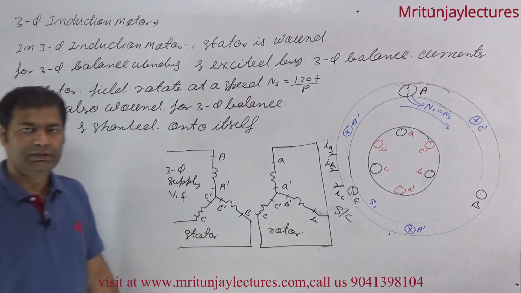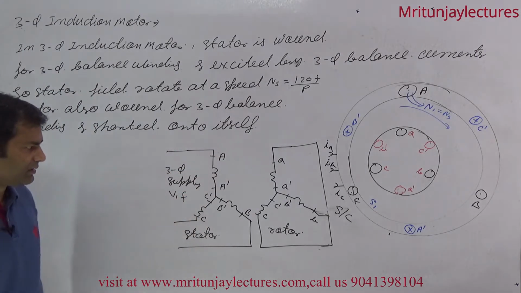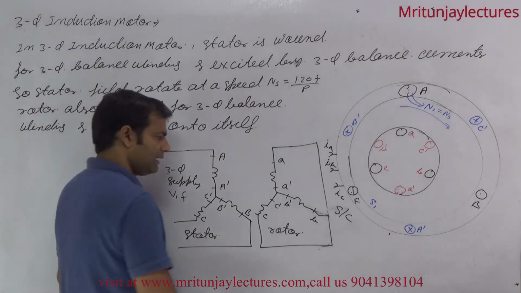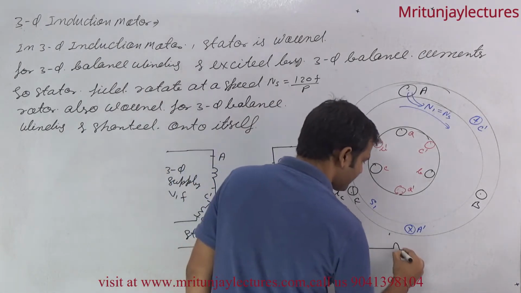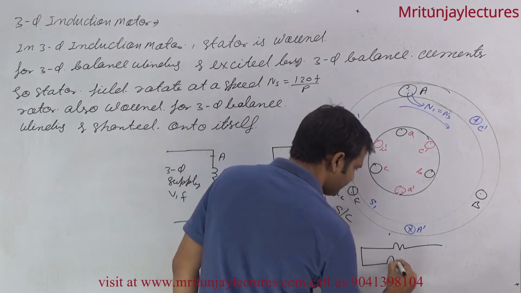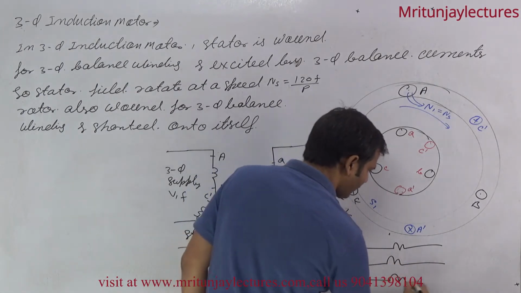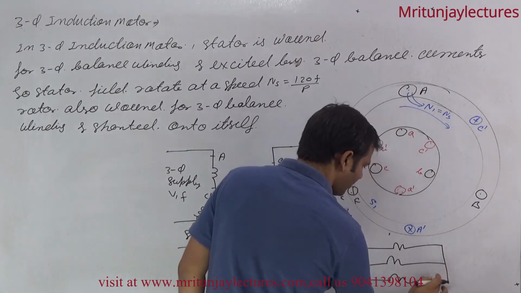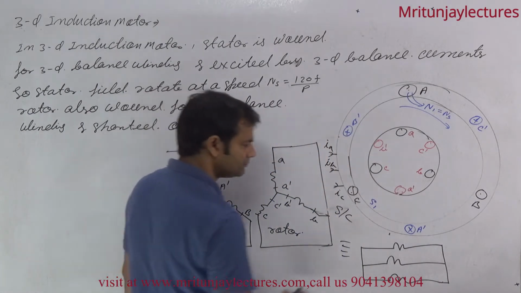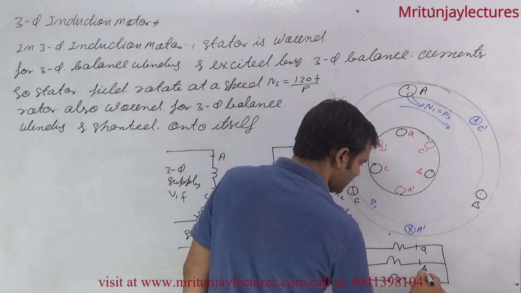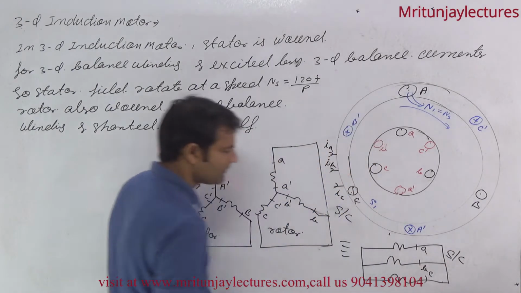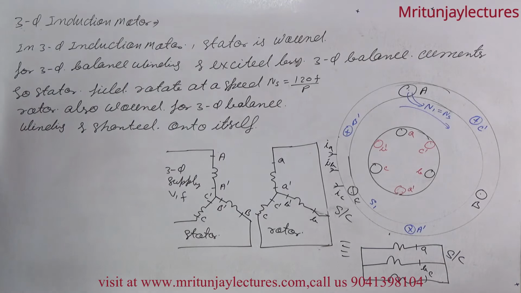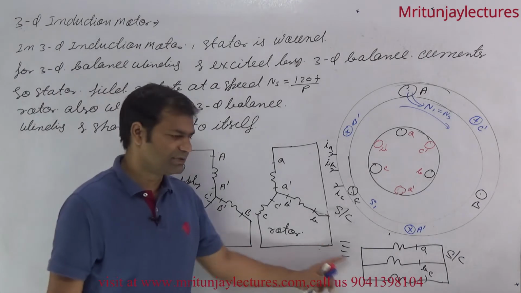In a simplified representation, sometimes the rotor is made like this one, that is A, B and C sequence, and that is short circuited. Clear? This one is the simplified representation of this one.